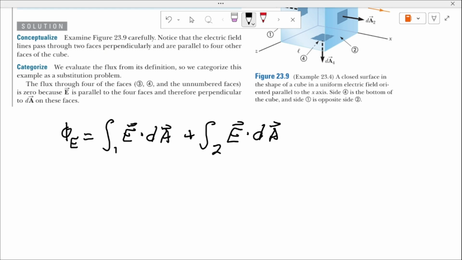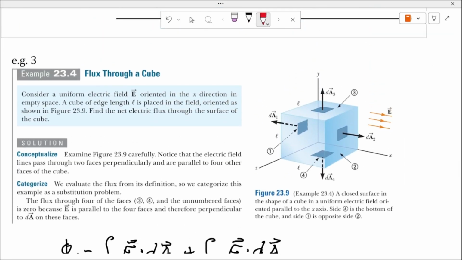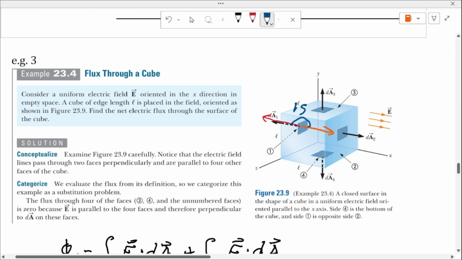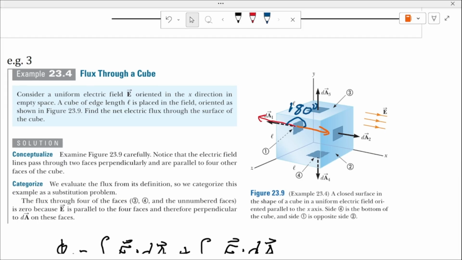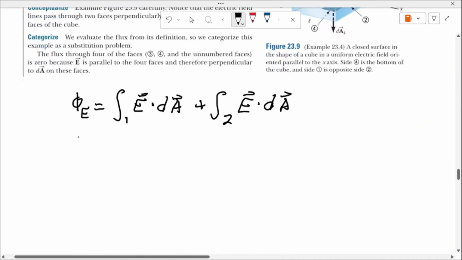For side 1, the angle between the electric field and the normal vector is 180 degrees, because here we have the normal vector pointing in the negative x direction, and here we have the electric field vector pointed in the positive x direction. So this angle is 180 degrees. Therefore, we go back down to our integral.